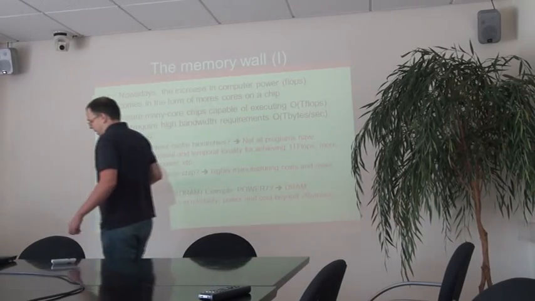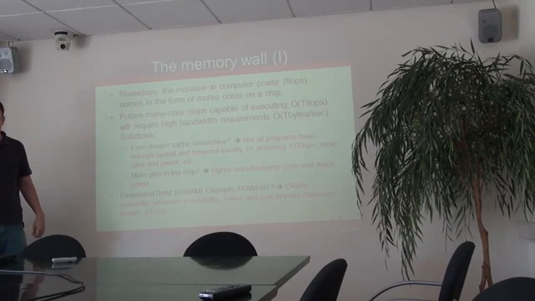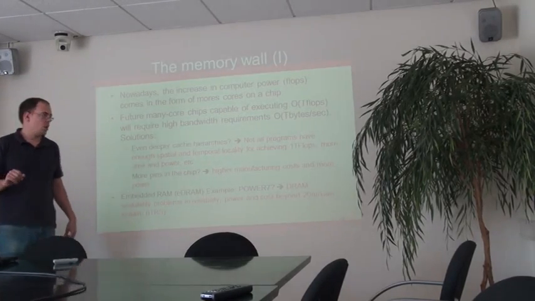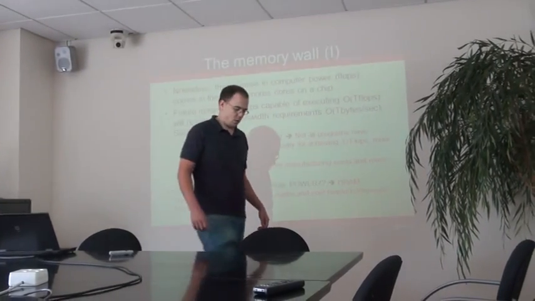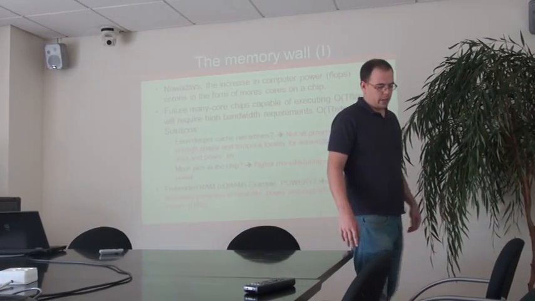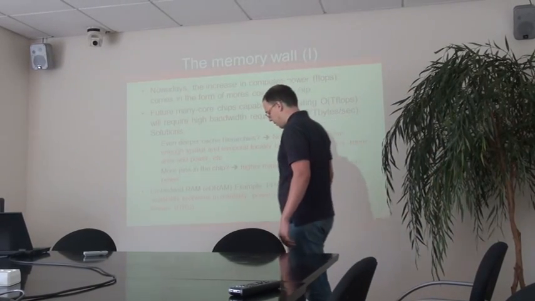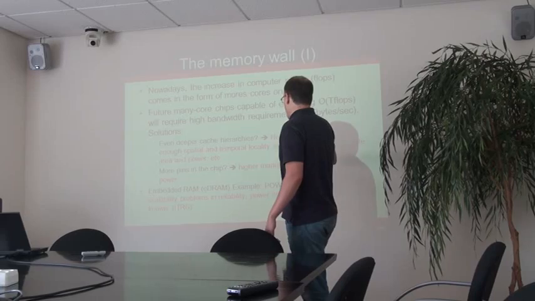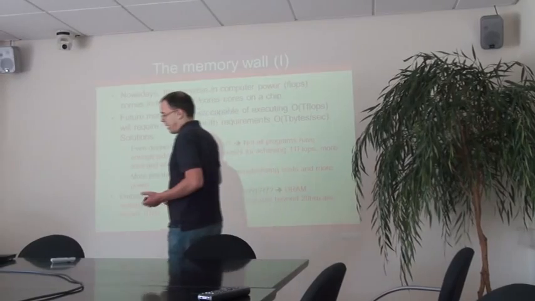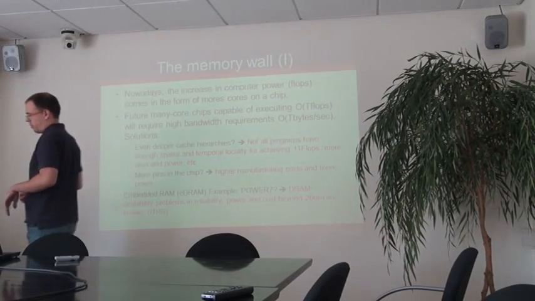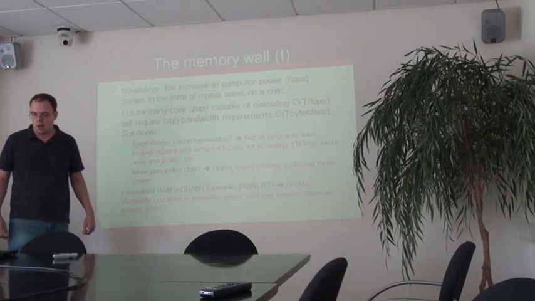So the solution so far has been to provide deeper and deeper levels of cache memory, but this does not work for the whole set of programs, only for those that have very good temporal and spatial locality. This cache hierarchy occupies area that otherwise could be used for computing, and of course the cache memory also has power issues.